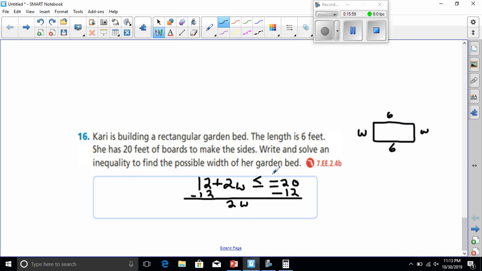That means this will be less than or equal to 20 minus 12, which gives us 8. And now I will divide by 2 to get W by itself. And 8 divided by 2 is 4. Since I didn't divide by a negative number, the answer is W is less than or equal to 4.